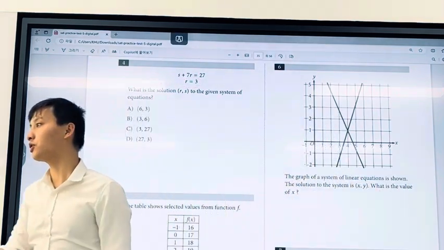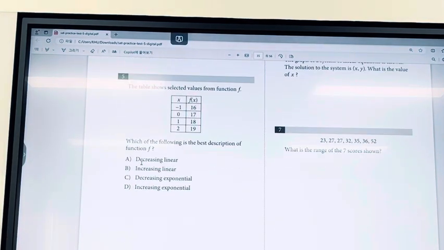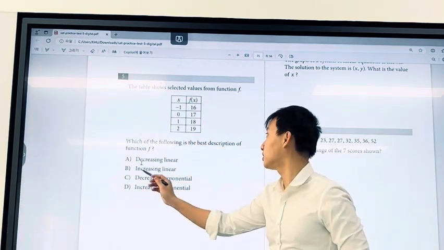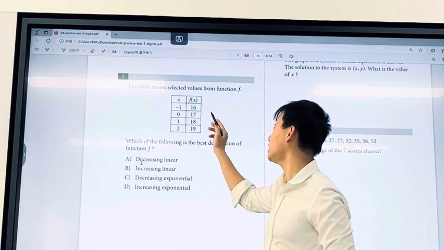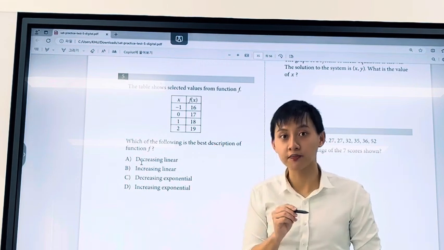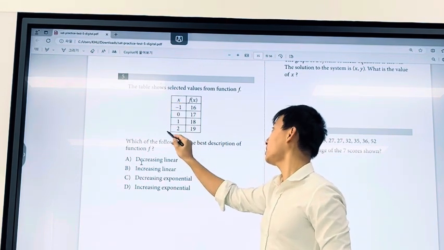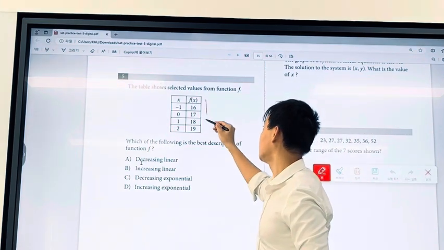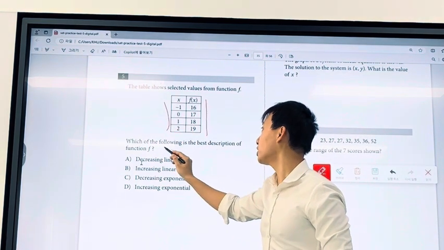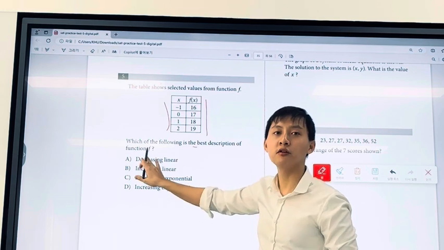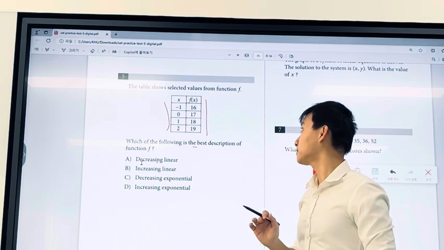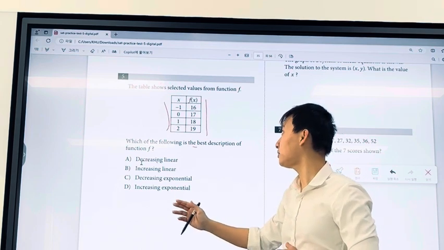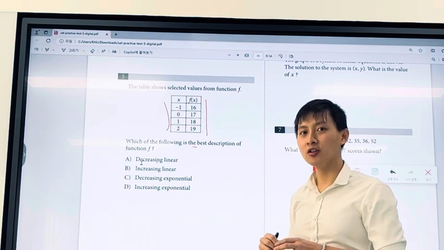Let's move on to question 5. You are given a table that shows values of a function f of x. The first column is x, and the second column is the value of f of x. Which of the following best describes the function f of x? For this question, you need to identify whether it's linear or non-linear.